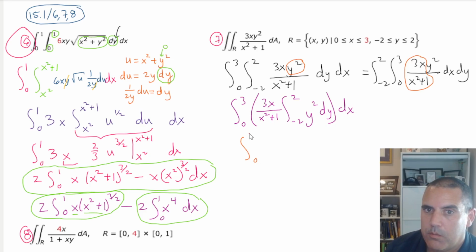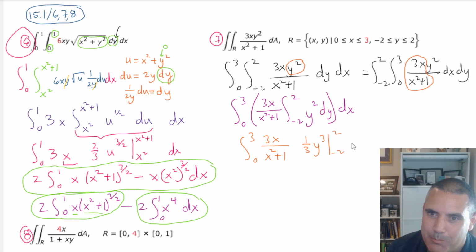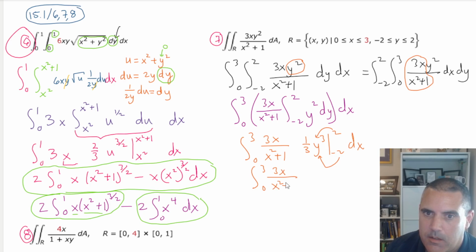So we have the integral from 0 to 3, 3x. The other way probably works too. 1/3 y cubed, and there's other things I could say here, but I'm trying to give you the principles. So this is a 2, this is a negative 2, the integral from 0 to 3 of 3x squared, x squared plus 1, 1/3, and 2 cubed is 8, and negative 2 cubed is negative 8.